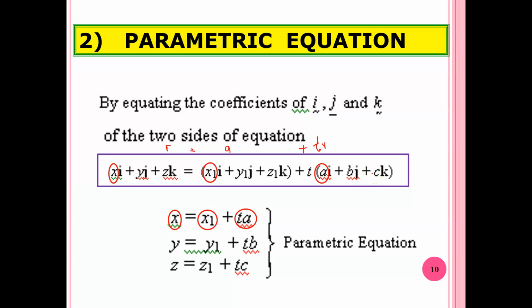So these are all your parametric equations. You just need to write down these three equations: x equal to x1 plus ta, y equal to y1 plus tb, and z equal to z1 plus tc. So this is how you obtain your parametric equations.